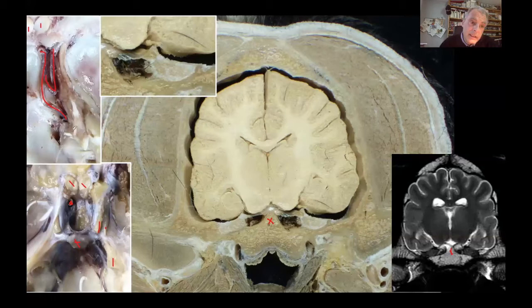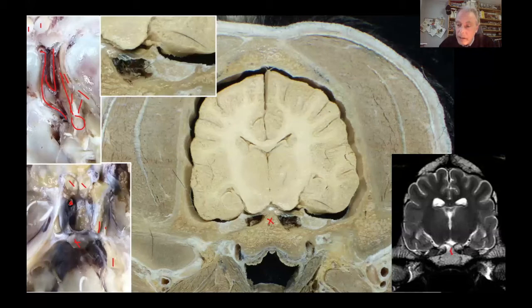And there you have it. Here is the trigeminal ganglion and the trigeminal nerve with all the branches, the mandibular, the maxillary, and the ophthalmic that goes that way. And then we have the oculomotor and the trochlear nerve. The abducent is missing in this.